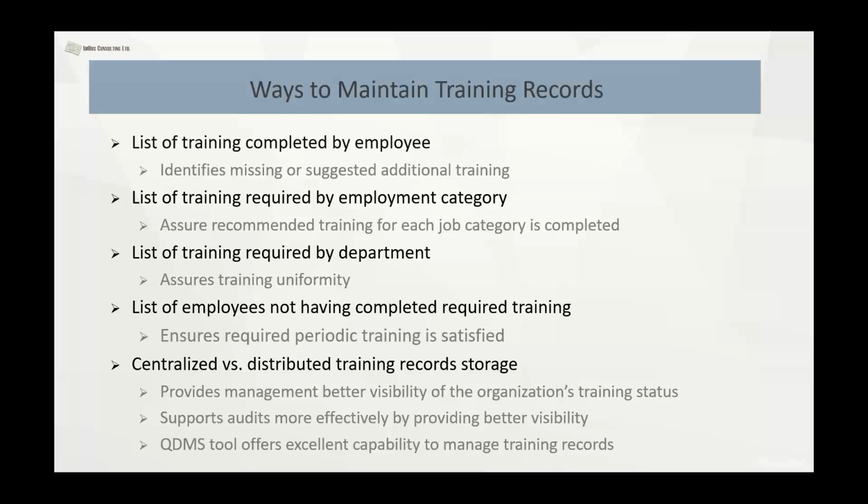So let's look at some ways to maintain training records, okay? And I thought of different ways, and there are probably other ways, but certainly you want to be able to have all the training completed by employees.